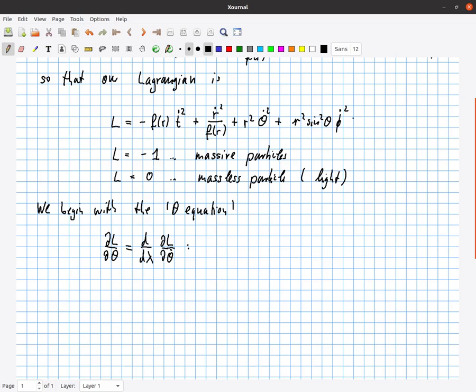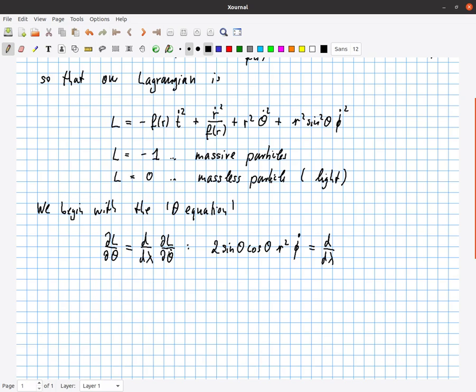This is the only bit that is a function of theta here, which means we get 2 sine theta cos theta. This is the chain rule. You differentiate the outer function, you get 2 times the inner function and then the derivative of the inner function, which is the cos theta. So r squared phi dot squared equals d over d lambda.